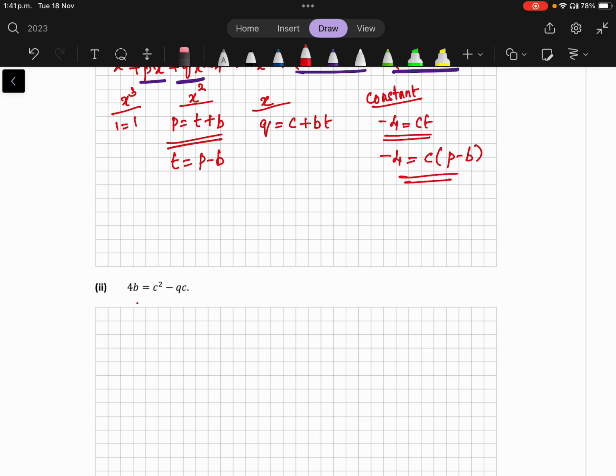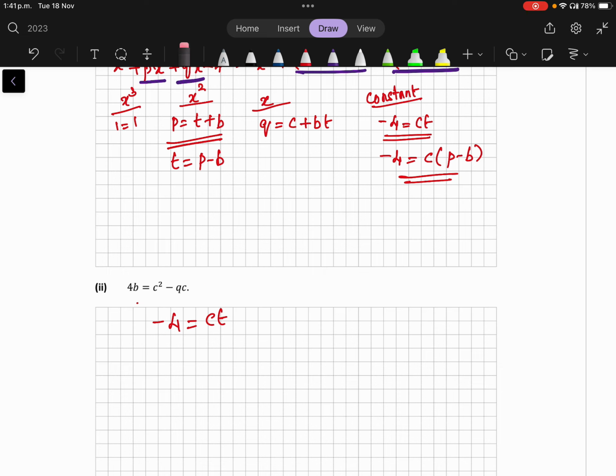Maybe I will start with minus 4 is equal to ct. Okay, and instead of t there is no t here.